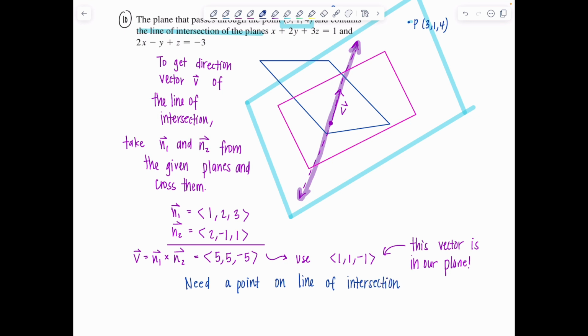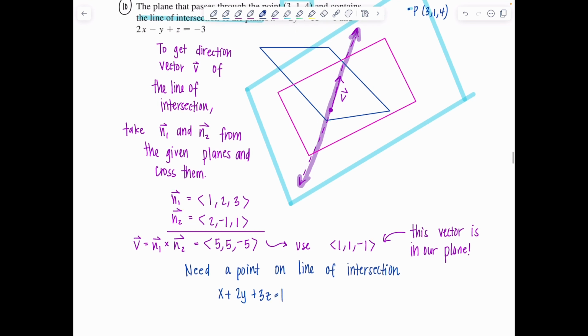Okay, so here's these two planes, x plus 2y plus 3z equals 1, and then 2x minus y plus z equals -3. Sometimes I like to start off just letting one of the variables be 0. And this will work just as long as the line of intersection does cross through whatever plane results.